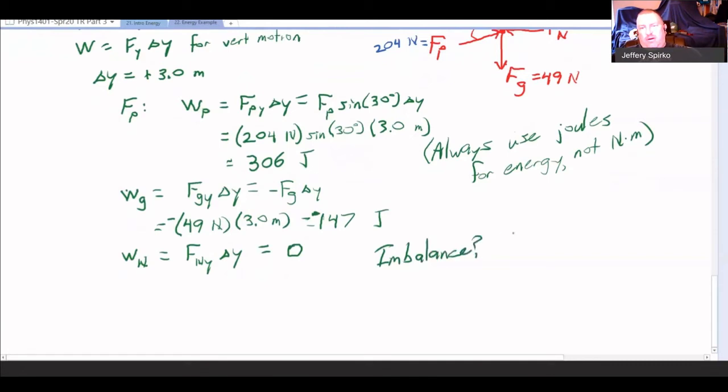So 306 plus negative 147 is equal to 159.